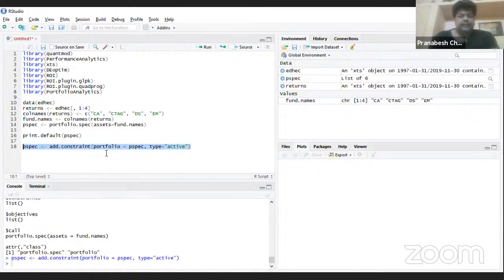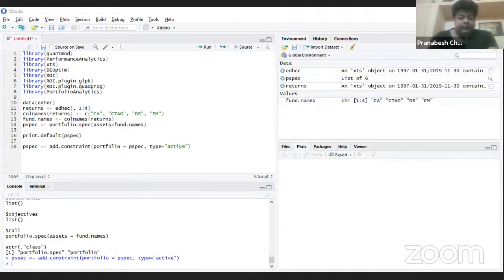So what it is doing here is another way in which we are giving a weighted sum equals to 0. This is another type of constraint where we are saying that it is an active control. Active means we have a fully diversified portfolio, so the sum of the weights is equal to 0.